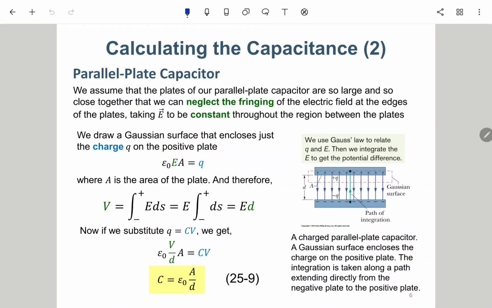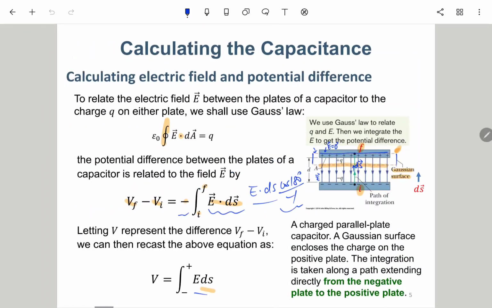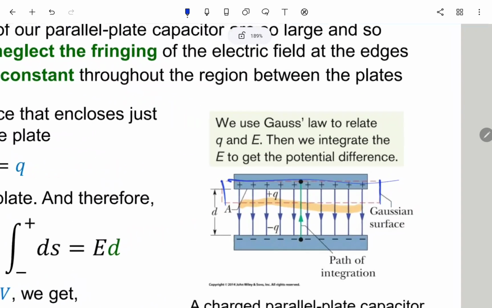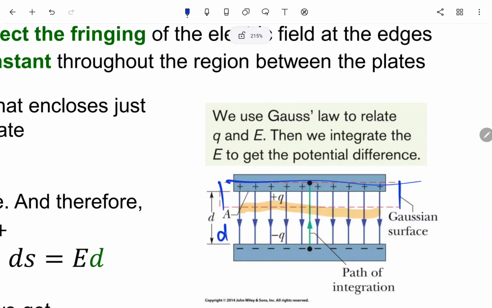The next step is to apply the Gauss law. Just as I mentioned, this side and this side don't contribute. So finally we integrate E dot dA for this one.